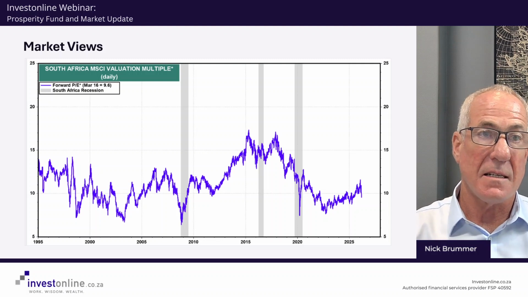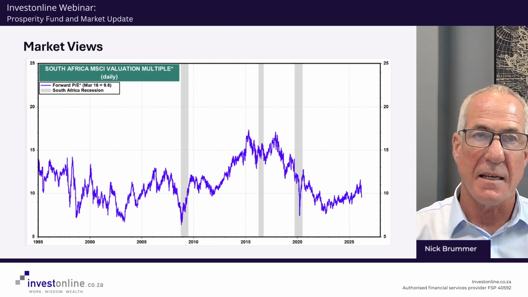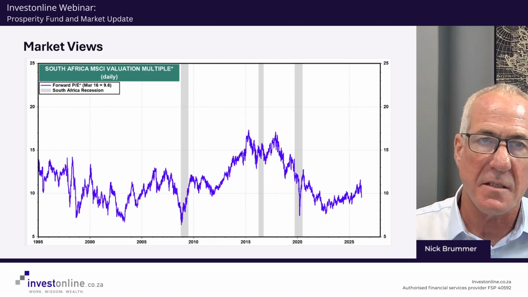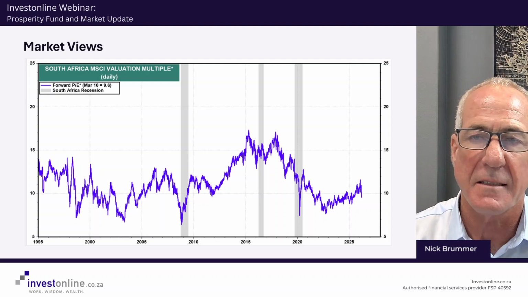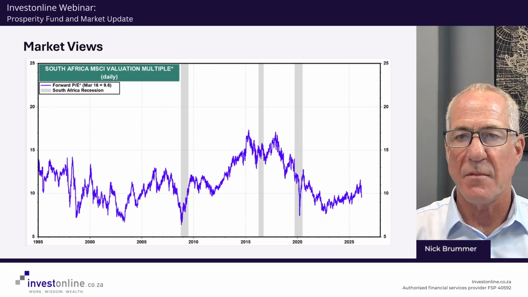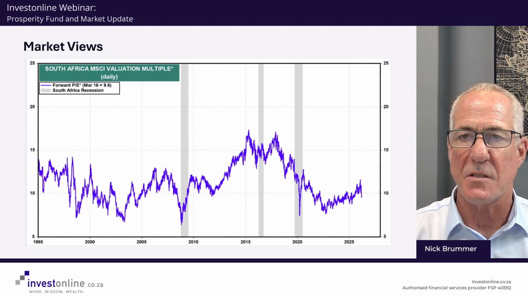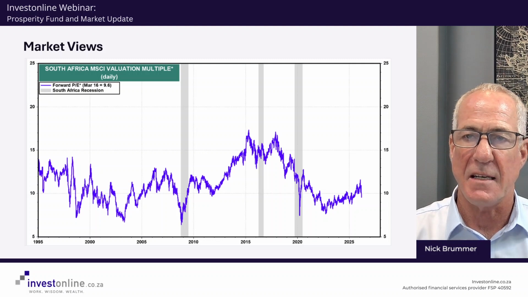And then lastly, just SA, where I've said SA is cheap, and you look at the SA PE. This is also the forward PE of the SA market. Even though we've had a sharp rally, a lot of that was really just about the gold shares. Gold shares are up 4 times over the last year, and platinum shares are up twice since then.